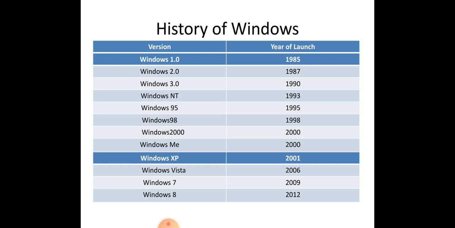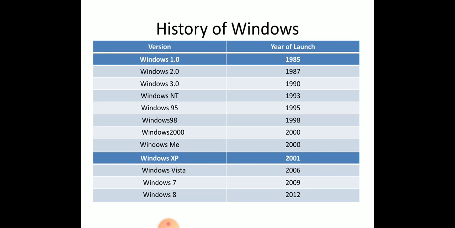Windows 3.0 launched in 1990. Windows NT launched in 1993.